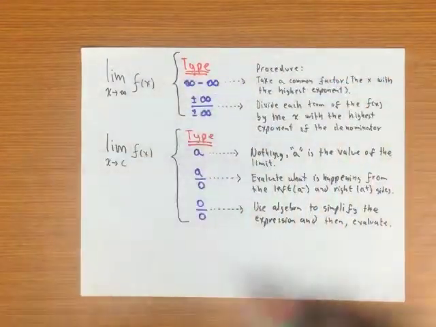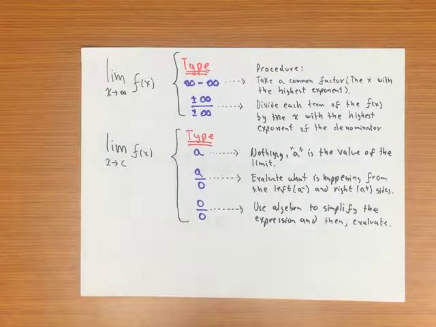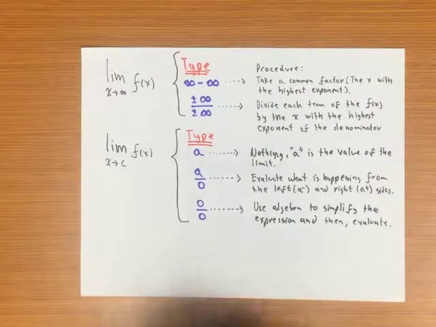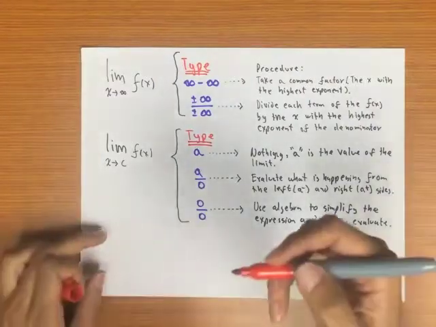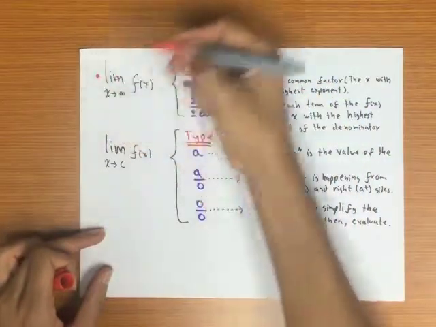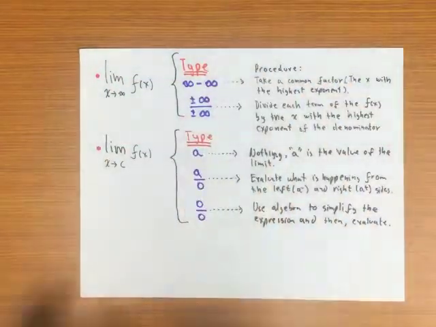So this whole map will be the most important one in order to decide the correct procedure for each type of the algebraic evaluation of limits. So we have two main categories of limits.